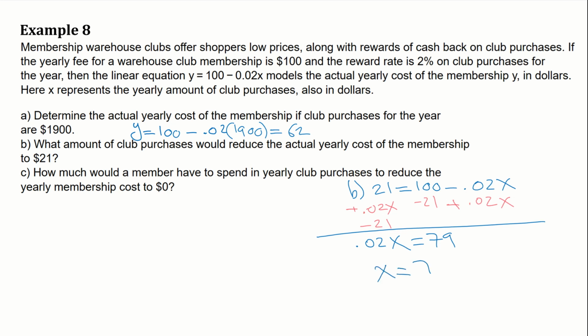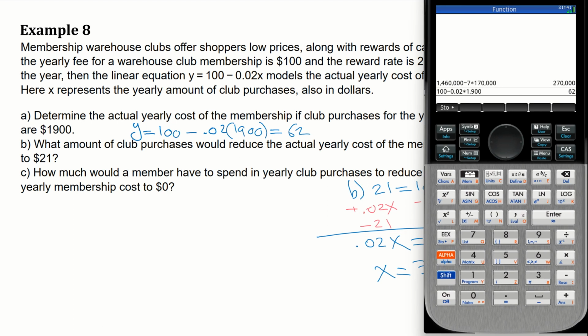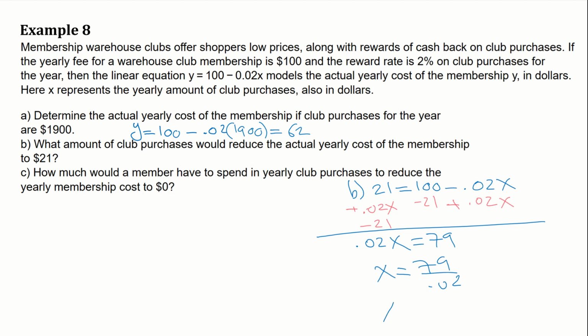So we get x equals 79 over 0.02, so $3,950. All right, so if you spend $3,950 for the year, you've actually ended up only paying $21 for the membership. That's what this boils down to, okay?